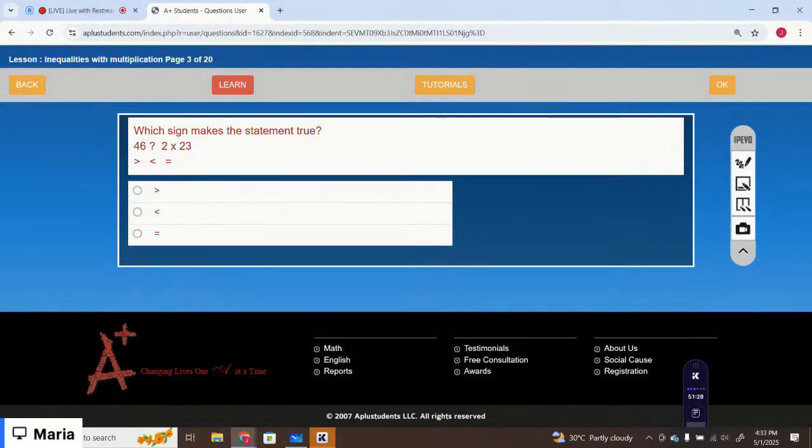Which sign makes the statement true? 46 and 2 times 23. So which is the correct option?